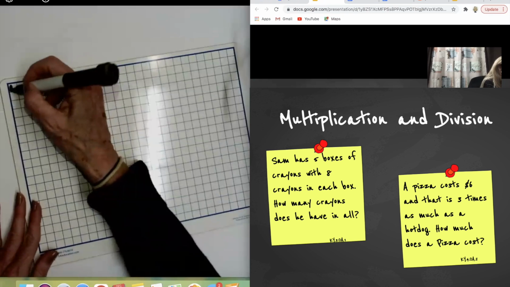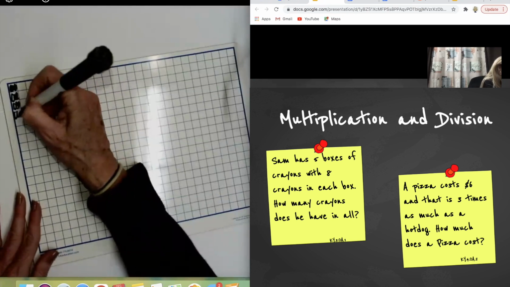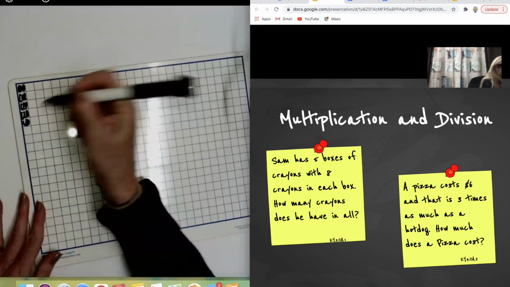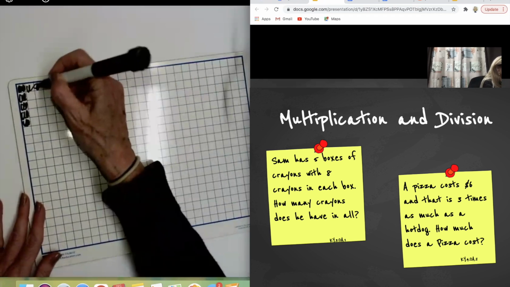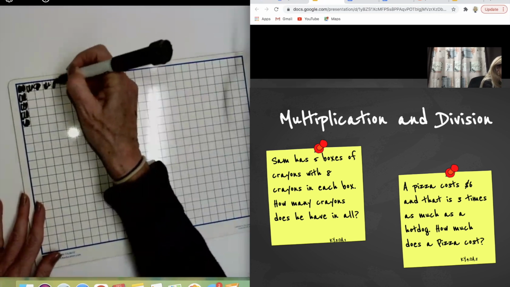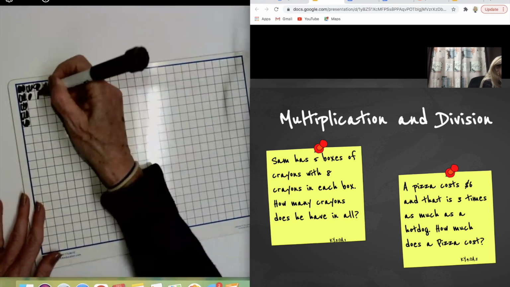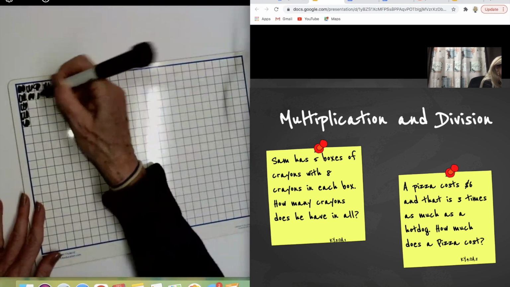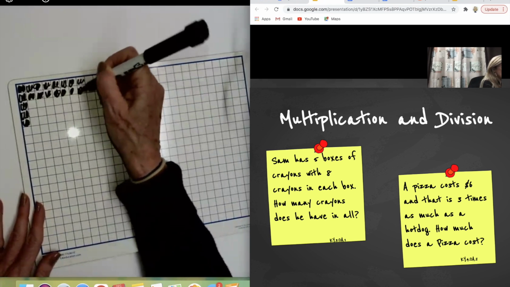So I'm going to shade 1, 2, 3, 4, 5, and I'm going to go over 8. 1, 2, 3, 4, 5, 6, 7, 8, and 8 again. I'll do this quickly so we'll move on. But I wanted to show you how the kids could do this too.